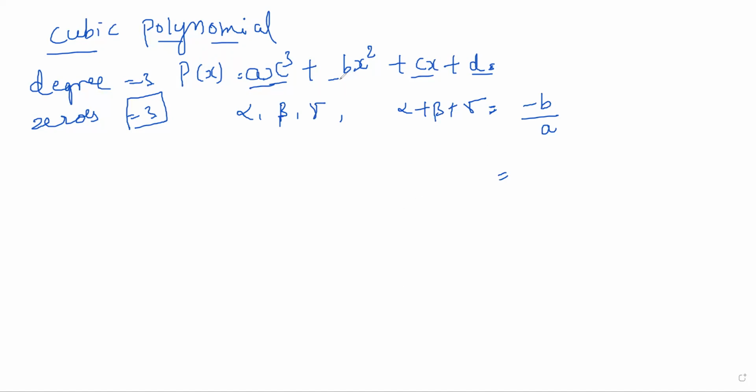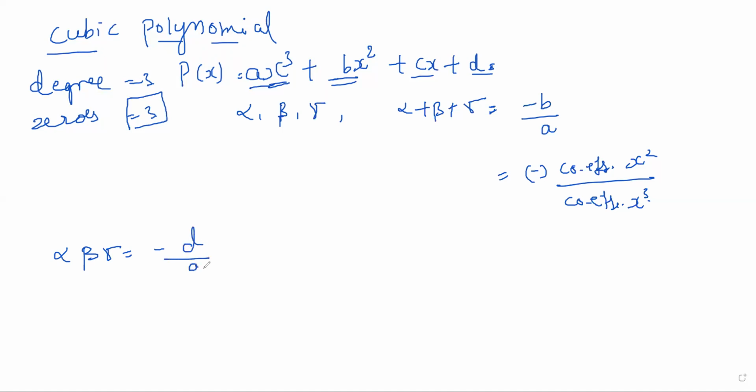What is b here? B is the coefficient of x square. What is a here? A is the coefficient of x cube, right children? And the product alpha into beta into gamma is equal to minus d by a.